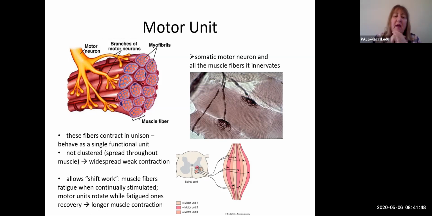So basically these motor units are going to be rotating when they're contracting and when they're relaxing, because they get fatigued quite quickly, and so they can't sustain a contraction. However, the fact that we have motor units means that the muscle as a whole can have a longer muscle contraction. And so that's the advantage of the motor units.